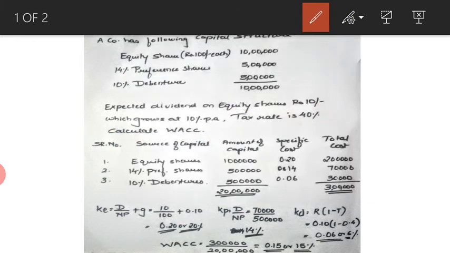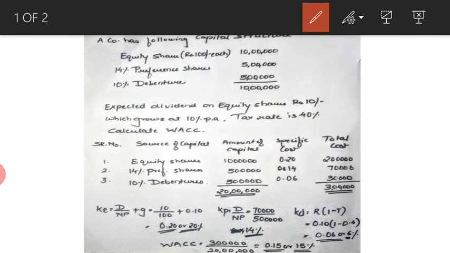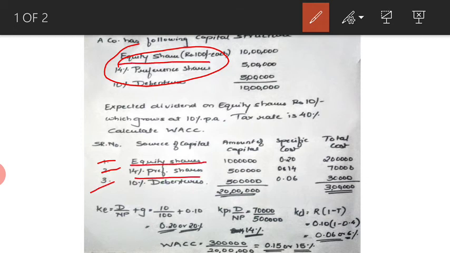So how do we calculate WACC? Again, we have a typical table that we have already studied in the previous video. That is serial number, sources of capital, amount of capital, specific cost and total cost. So first of all, how many sources are there? There are three sources. So 1, 2 and 3. Which are those sources? First one is equity shares, second one is 14% preference, and third one is 10% debentures.